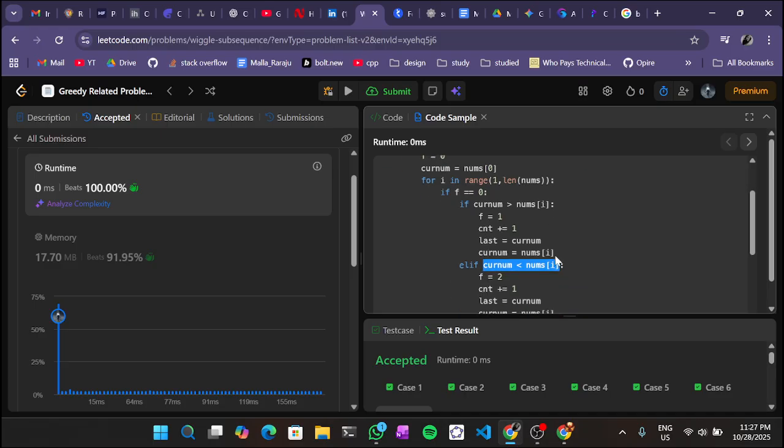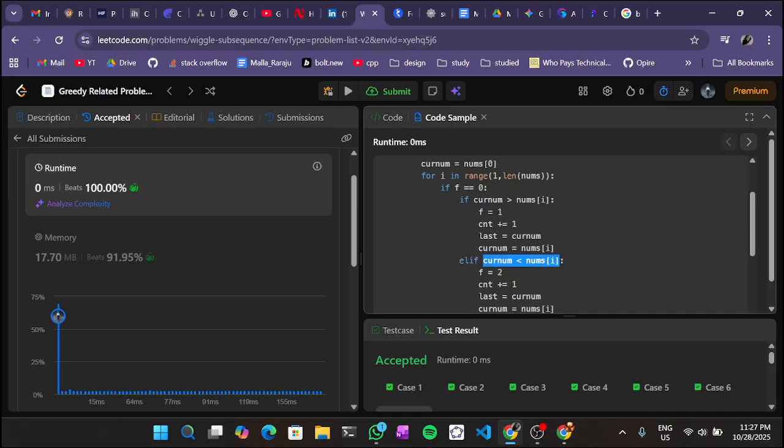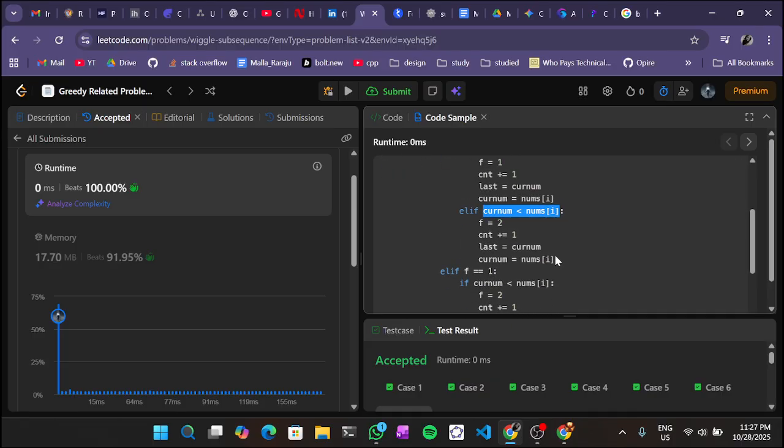It is comparing the previous two values. And what is f?